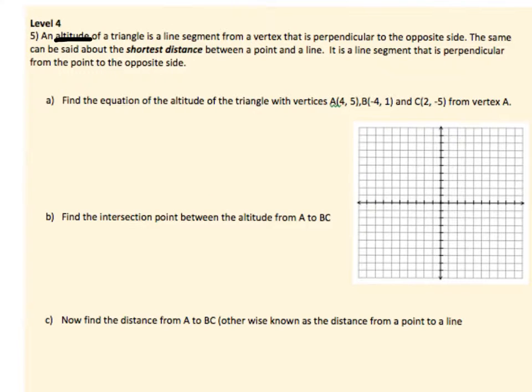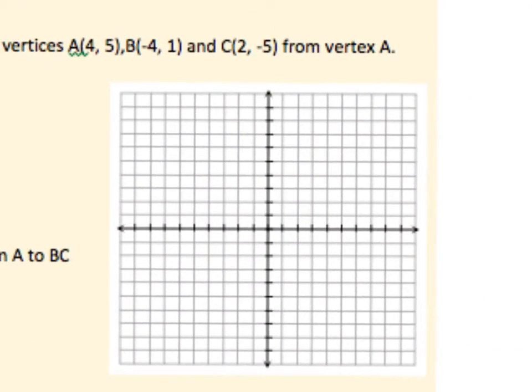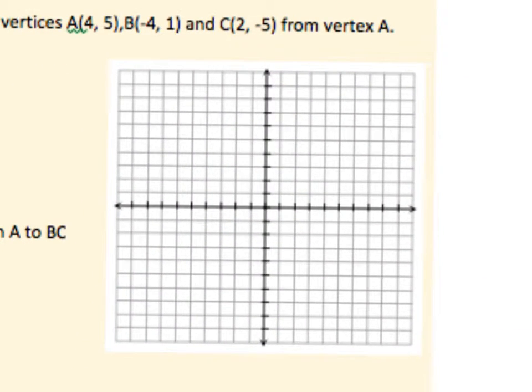So if we find the equation of the altitude of the triangle when you have those vertices listed from vertex A, I'm going to plot these points so I have a nice picture of what's going on.